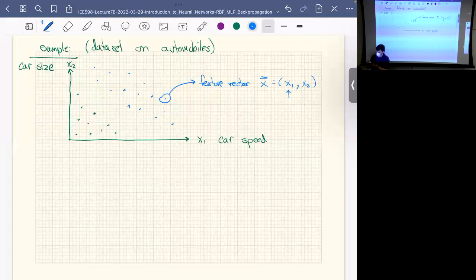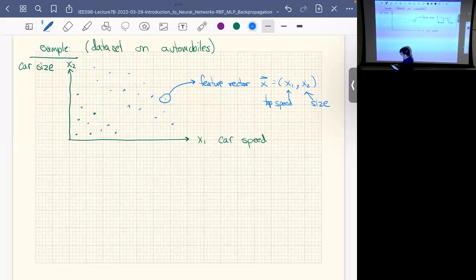Where this is speed, and this is maybe top speed, and this is size. All right, so what I would like to do is figure out which cars are the imports and which cars are, say, the American cars. We're talking about cars in this market here.